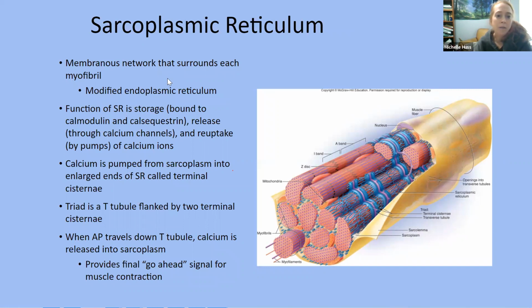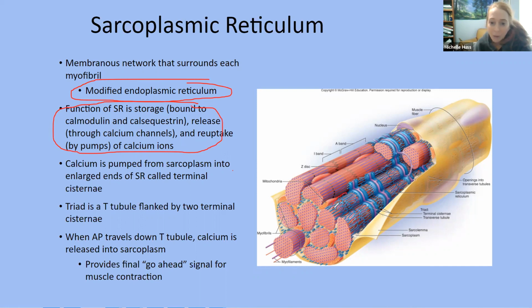A couple more things about what you've seen. The sarcoplasmic reticulum. The sarcoplasmic reticulum is ER, and what it does is it holds on to calcium.